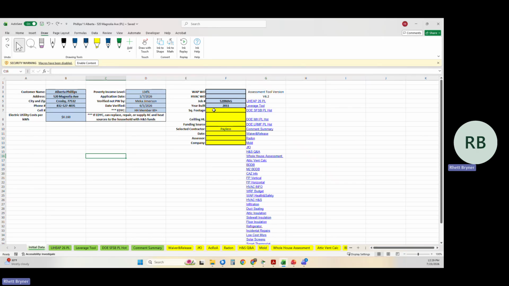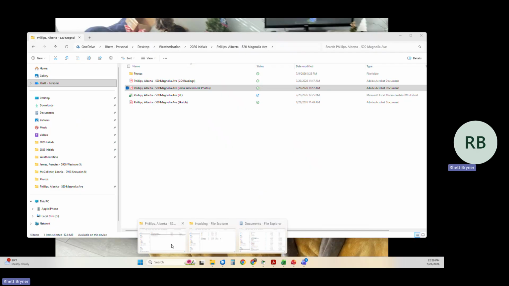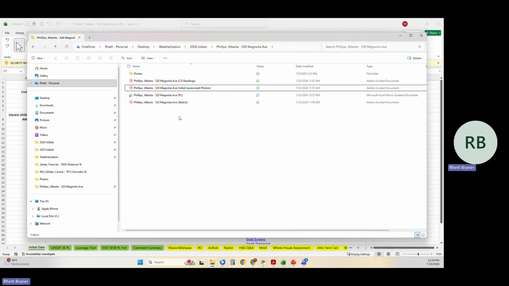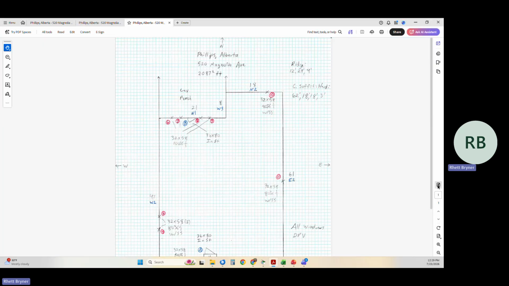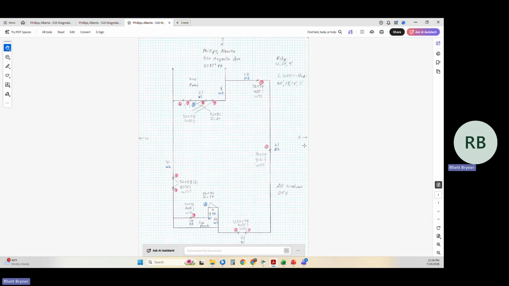Second part here is I highlight these yellow. These are the parts that need to be filled in by whoever's creating the report. This first part, square footage, is calculated manually by the assessor. I calculated this myself using the sketch that I created at the house site on the daily inspection.